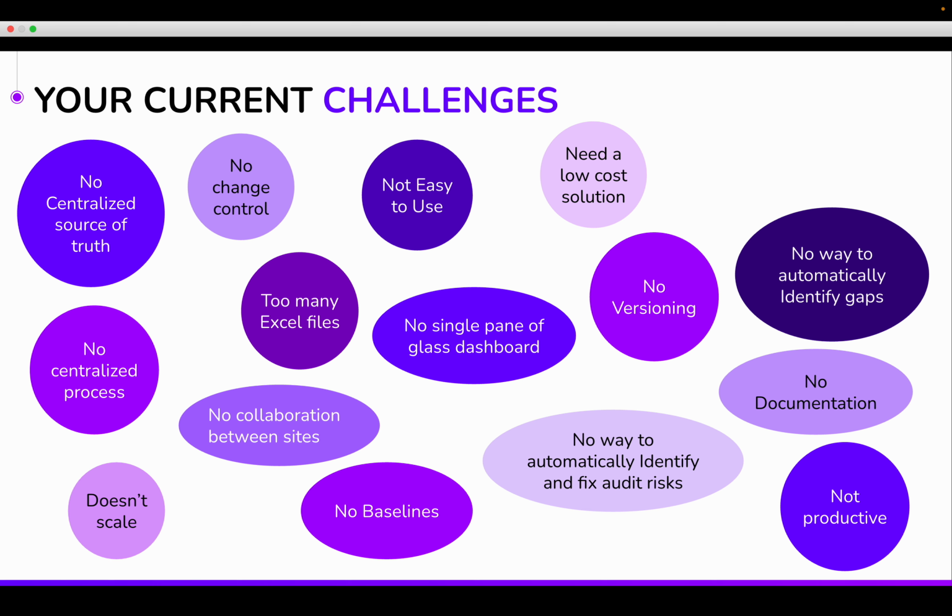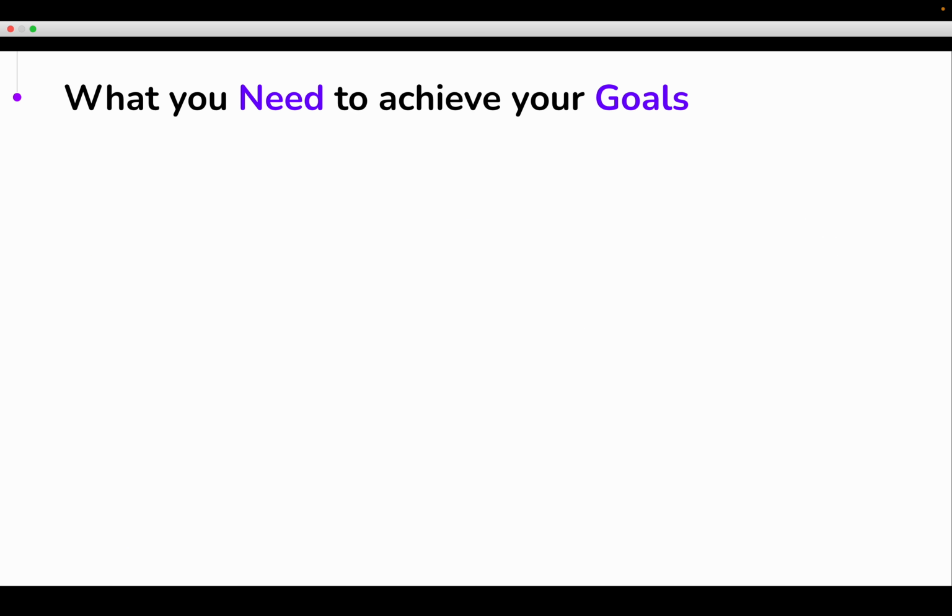Again, you currently struggle to produce documentation when the auditor asks for it. And this is the most important one: you have attrition risk. That means there are one or two people in your organization that know how the process works. If they were to find a new job, you would struggle to fill the tribal knowledge that they have gathered. So what you're looking for is a system that solves these challenges for you.